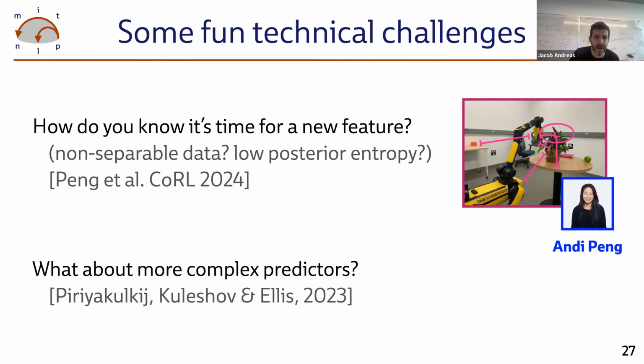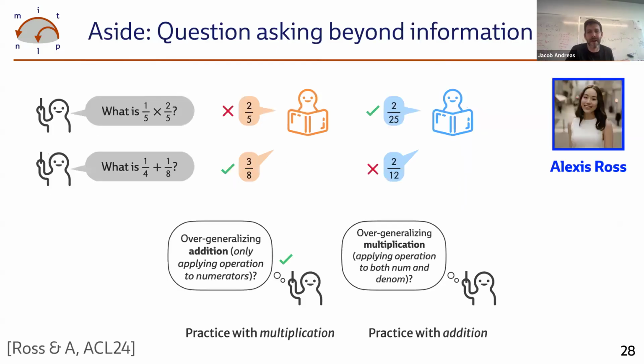We had a cool paper at CoRL last year looking at how you add new features incrementally when you discover that you don't have enough features to explain the user's revealed or expressed preferences. There's some cool work, not from our group but from folks at Cornell, looking at methods that look like this but that explicitly parameterize the space of user beliefs as natural language strings. And I think there's a bunch of stuff to do in that direction.